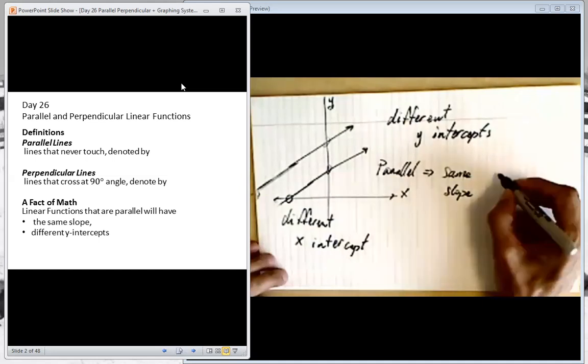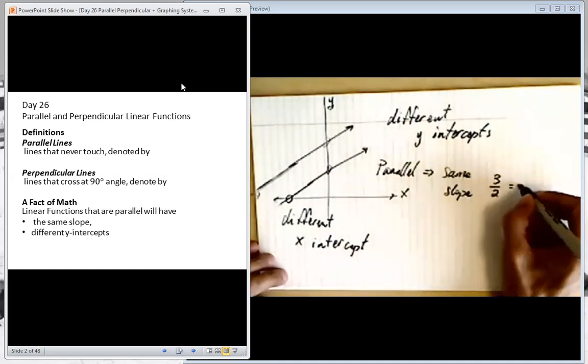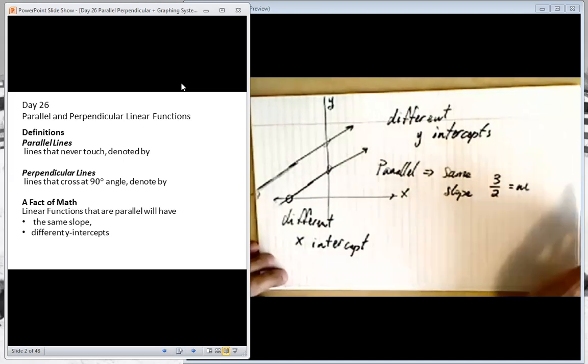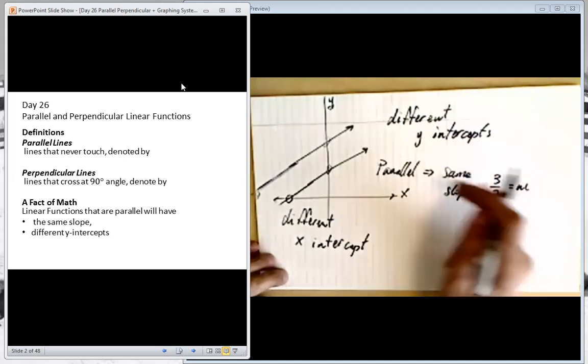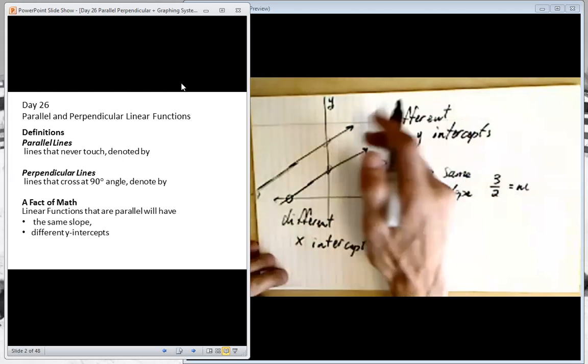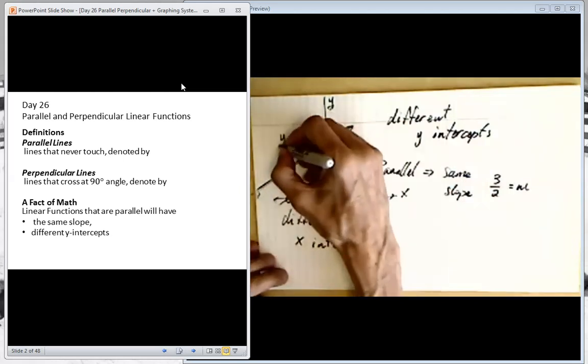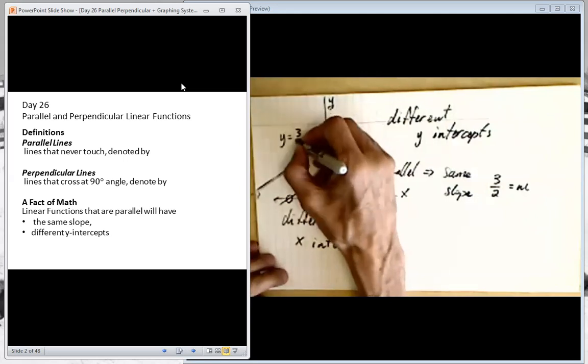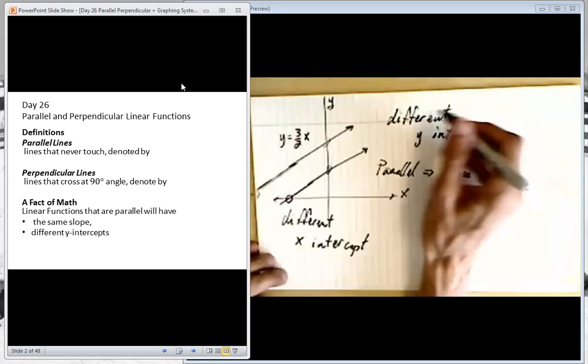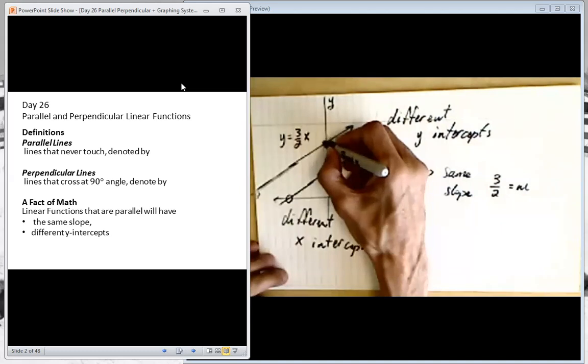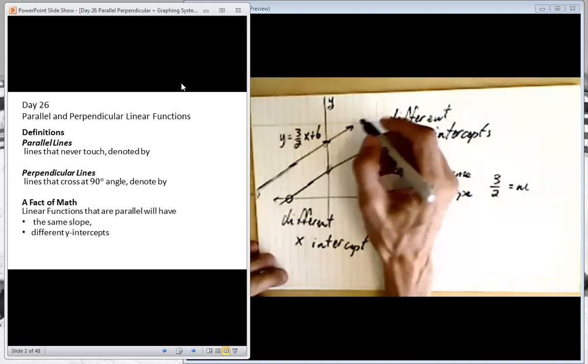Let's pretend the slope is 3/2. This line here on the top, that can have the equation y is equal to 3/2x. I'm going to make it up. I'm going to say plus 6 for that location there.